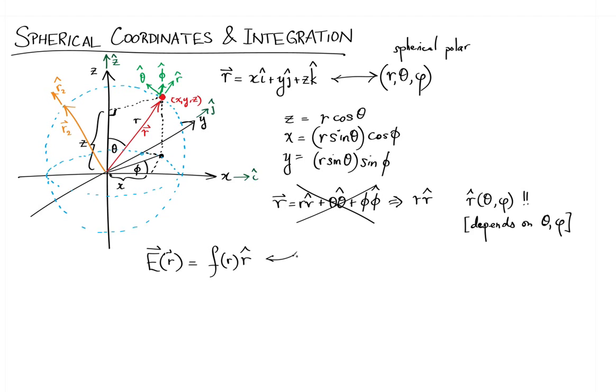Okay, so in this case it would be pointing radially, and assuming f was positive, that would mean it's pointing radially outward. If f was negative, it would be pointing radially inward. Okay?